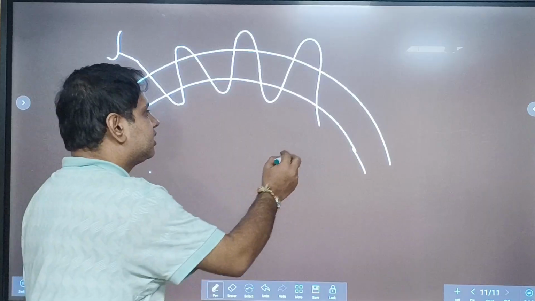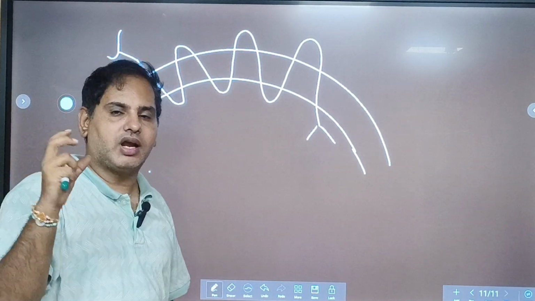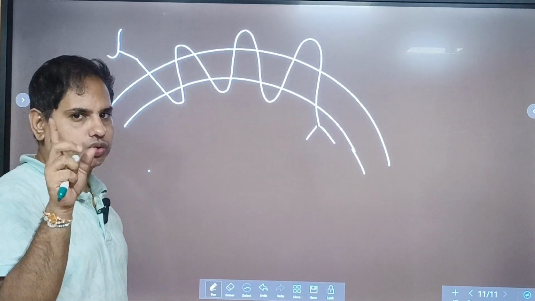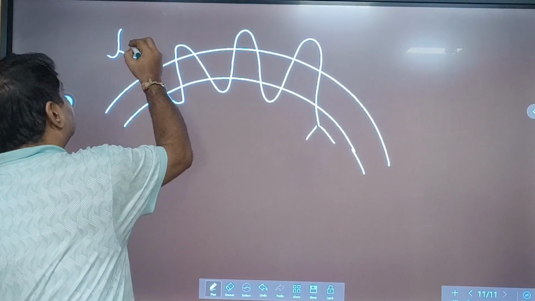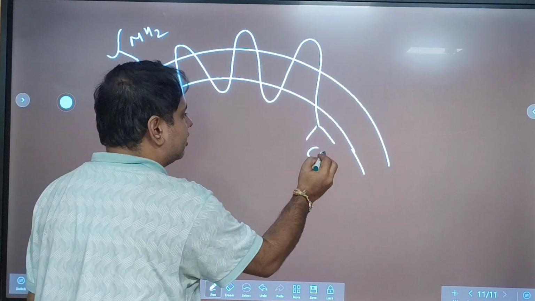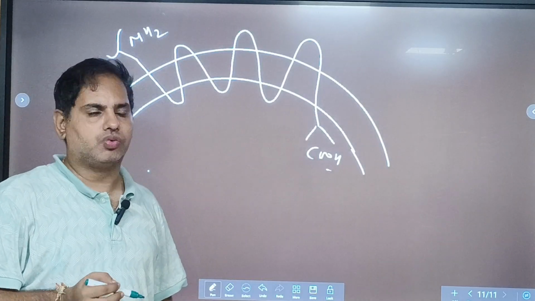Receptors are proteins, and protein is obviously made up of amino acids. Amino acids contain two parts: one is NH2 and the other is the carboxylic part, right? COOH, the carboxylic part, and NH2.